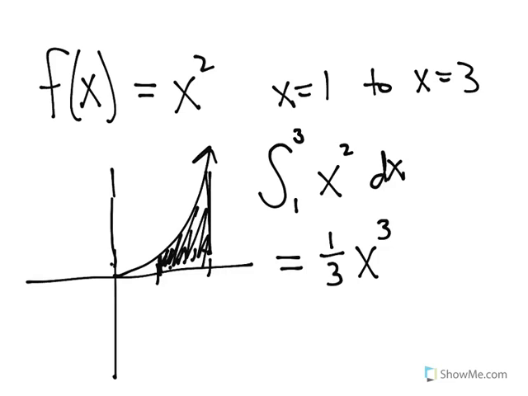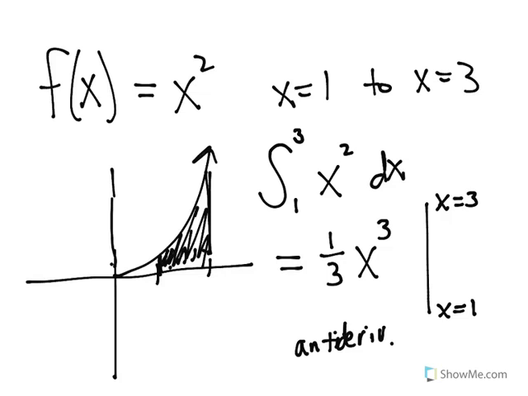And here's the notation that we use with this definite integral when we're using the fundamental theorem of calculus. We would say, here's the antiderivative, but then we're also going to put this little vertical bar here that says start at x equals 1 and go up to x equals 3. Basically, that's just a reminder, first of all, of what the input variable is.